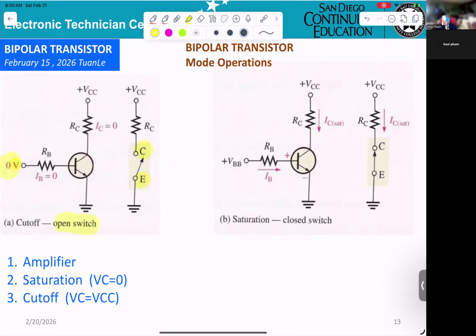And another one, saturation. Basically, VCE equals 0. That's VCE right here. That's C, that's E.